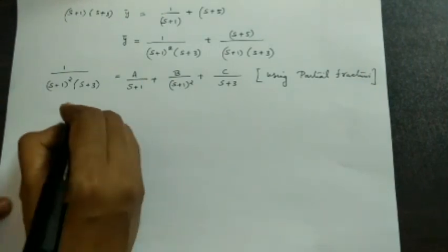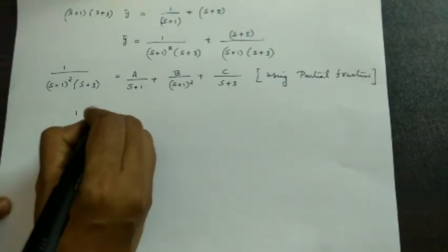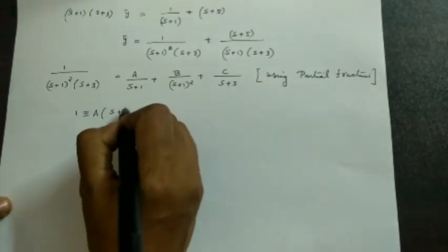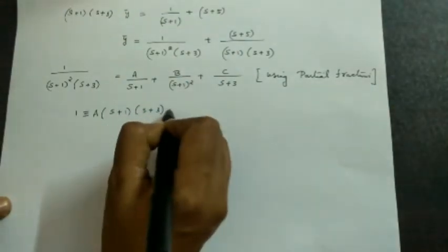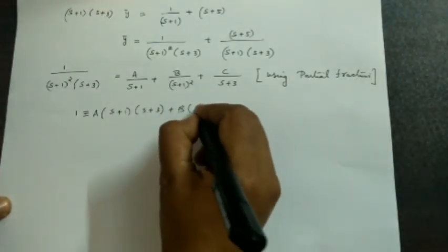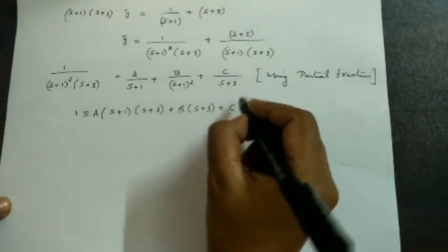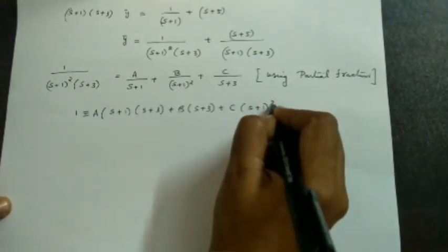Now here 1 is equivalent to A into s plus 1 into s plus 3, plus B into s plus 3, because we have the other term as s plus 3, plus C into s plus 1 the whole square.